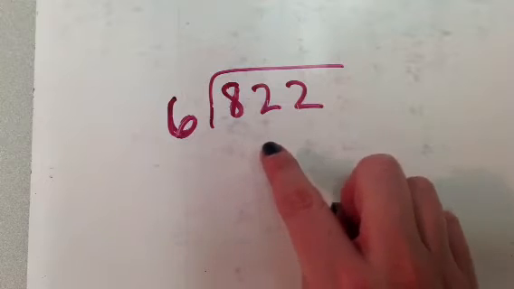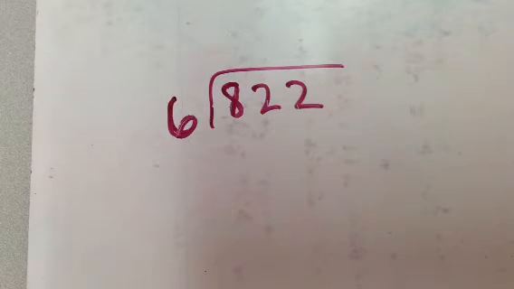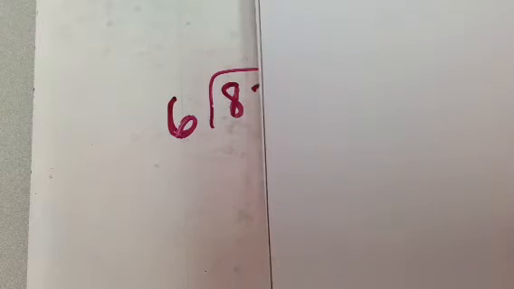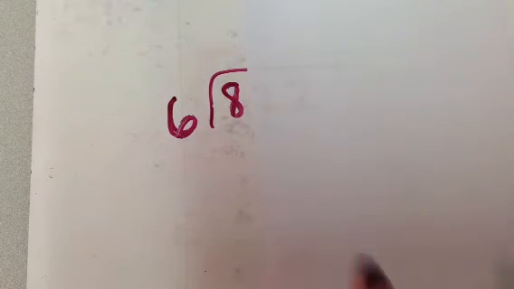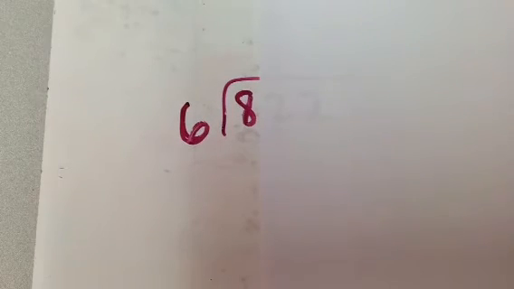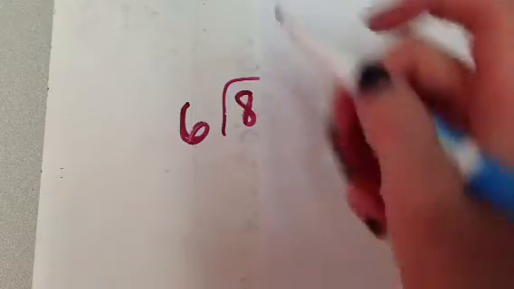I don't know off the top of my head. I pretty much know 6 times 12, and that's as many of my multiplication facts as I know. So I can break the division problem down into smaller pieces. I'm going to use a piece of paper here and cover up part of our problem. 6 can go into 8. How many times can 6 go into 8? Well, it can go 1 time, right?